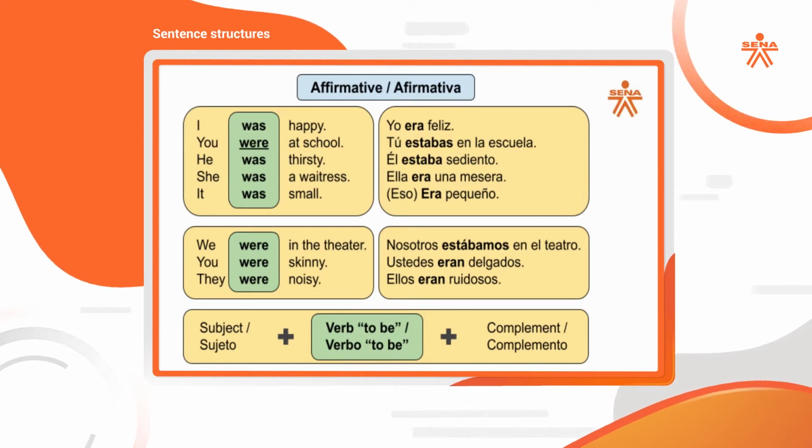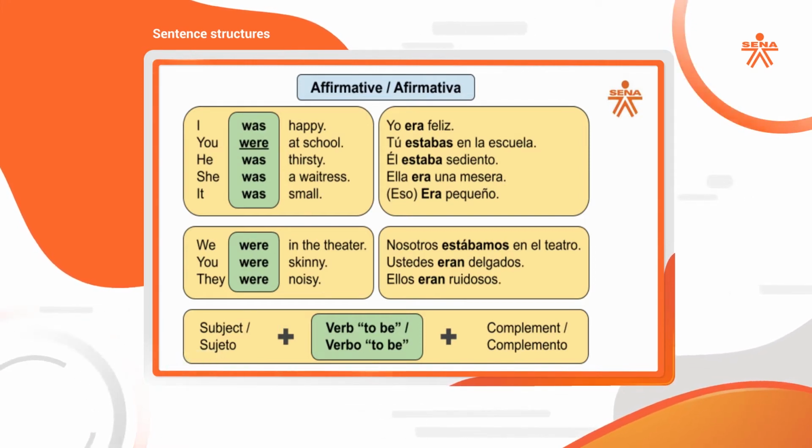The first structure is the affirmative sentence. Here, you are going to put the subject first. It can be a personal pronoun or a proper name. After that, you are going to add the verb to be depending on the subject.